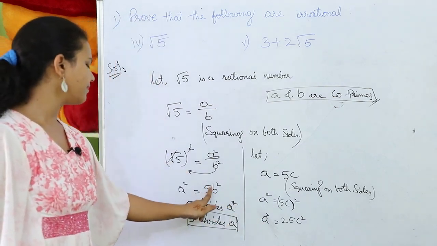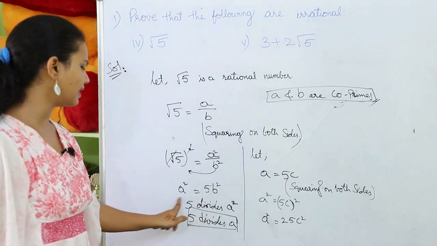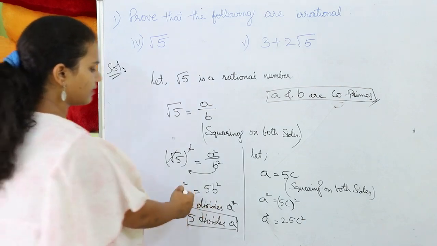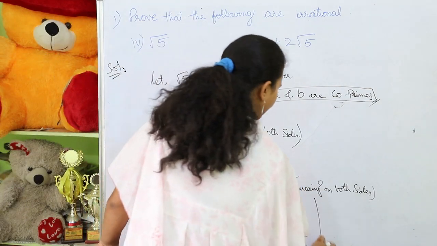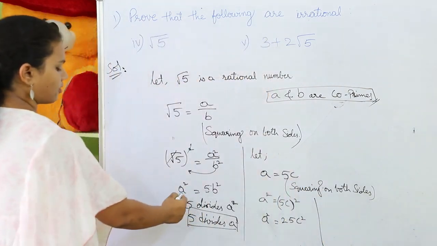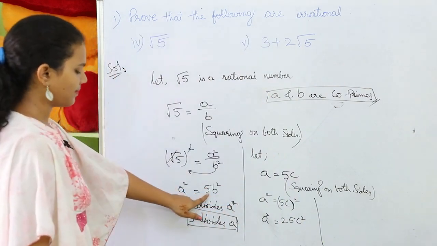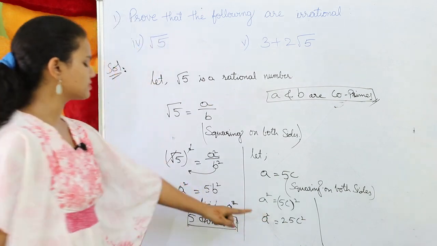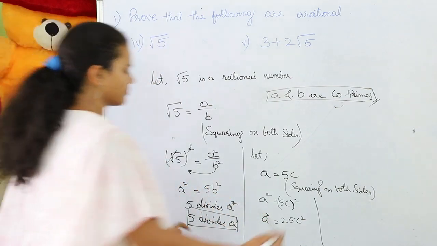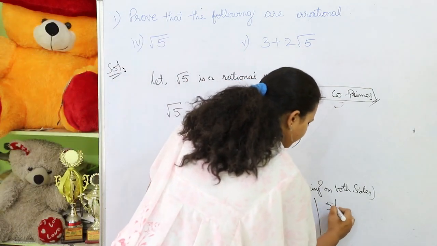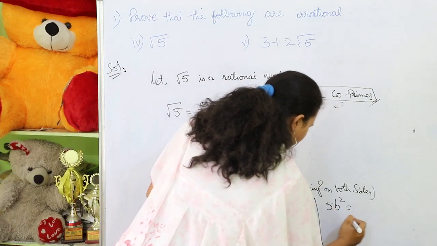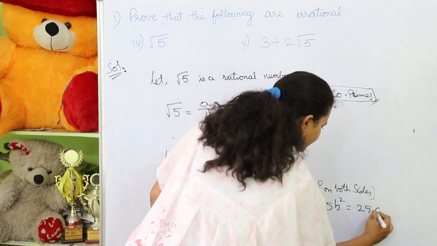Now when you look over here, a square equal to 5b square. Instead of a square, I will replace it with 5b square. So you write 5b square equal to 25c square.